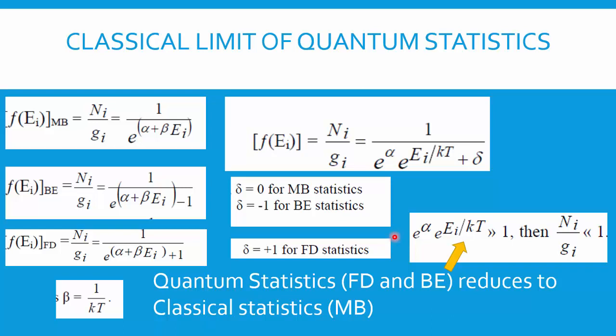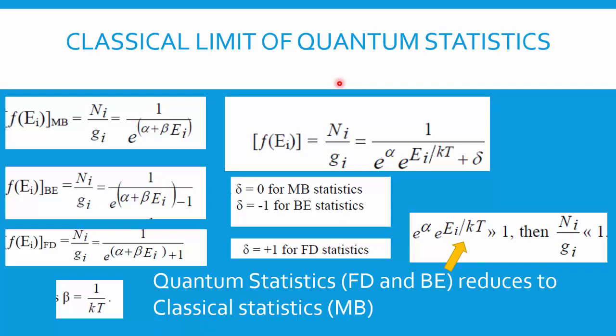As I mentioned in the first lecture, classical statistics means Maxwell-Boltzmann statistics, and Bose-Einstein statistics and Fermi statistics are called the quantum statistics. So what is the meaning of this statement? It means under which physical condition the Fermi statistics and Bose-Einstein statistics will behave as Maxwell-Boltzmann statistics.